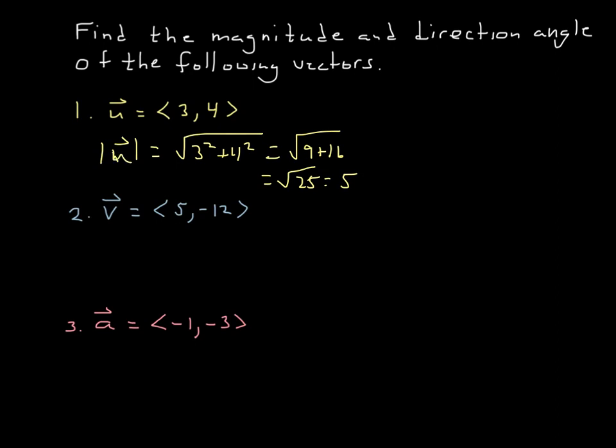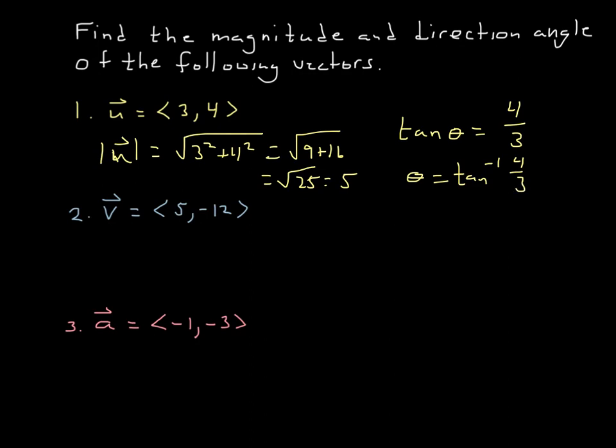Now let's look at the direction angle. I know from the previous slide that the tangent of my direction angle theta is going to be B over A, so that's going to be 4 over 3. To find the direction angle, I just take the inverse tangent of both sides, so theta equals the inverse tangent of 4/3.